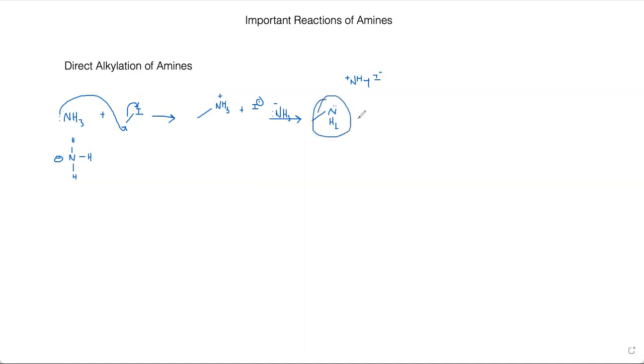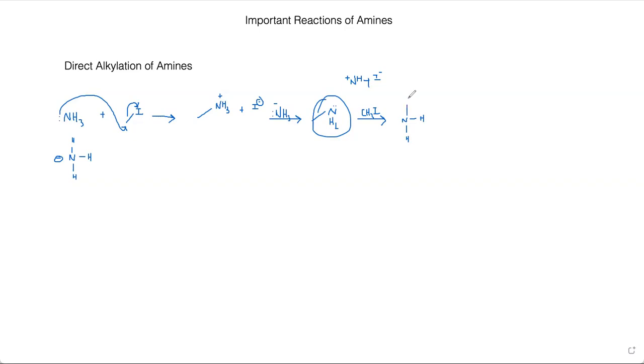Next, we're going to add more of that methyl iodide, the CH3I. And that is going to leave us with a second alkylation here. That's the thing about direct alkylation of amines, is that these reactions just tend to keep going as long as there are more opportunities to alkylate the amine.